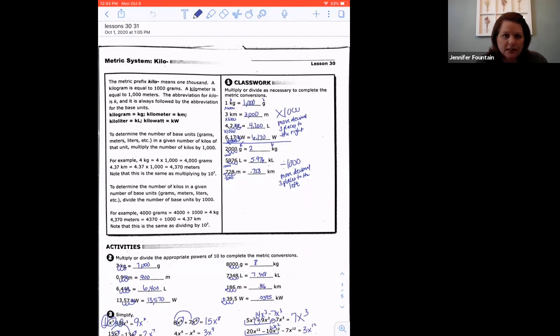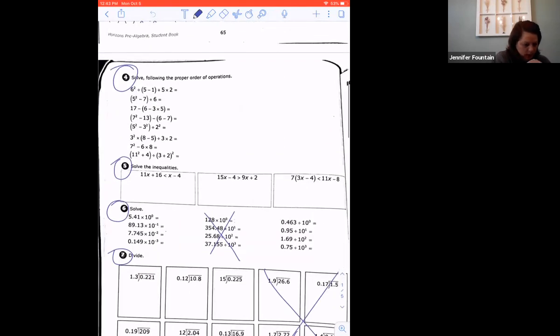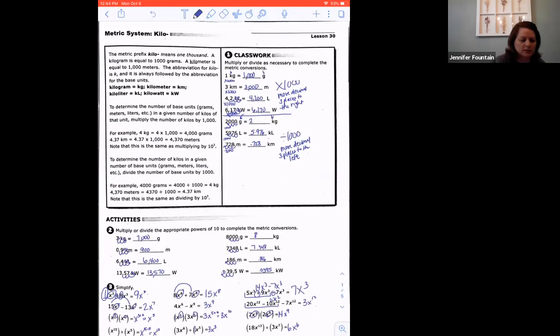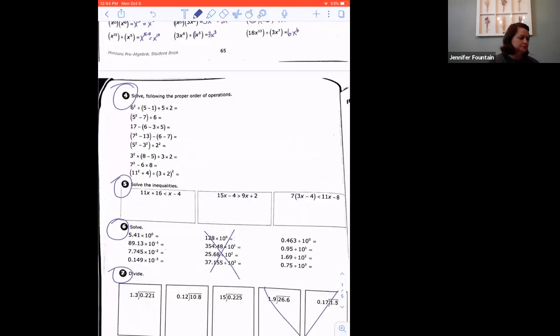So we've got page 66, and we'll go ahead and look at those. We've got the teacher book, and that is from lesson 30. Alrighty, so lesson 30, page 66, activities 4.